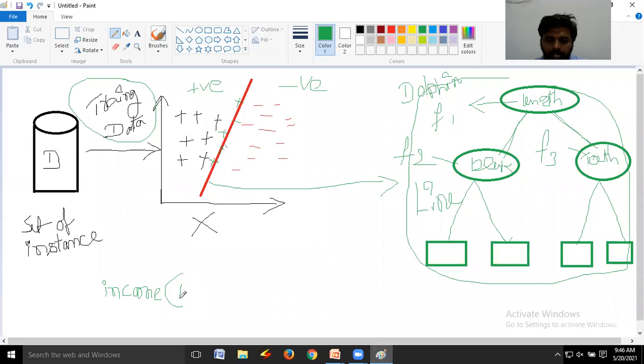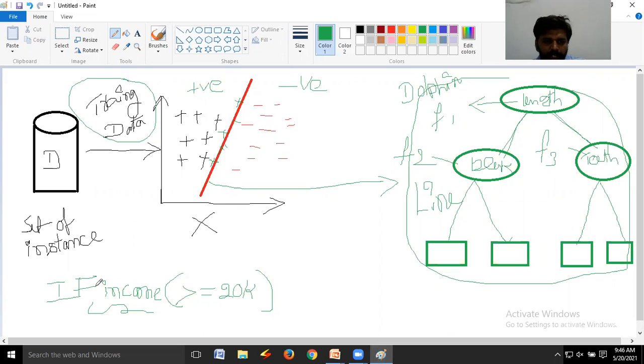Income should be in the range of 20K to 50K, or greater than or equal to 20K, right? Here income is one feature.